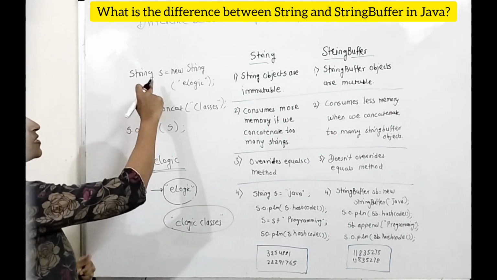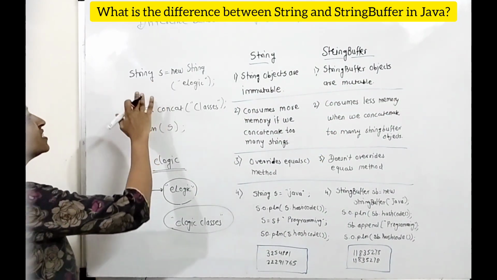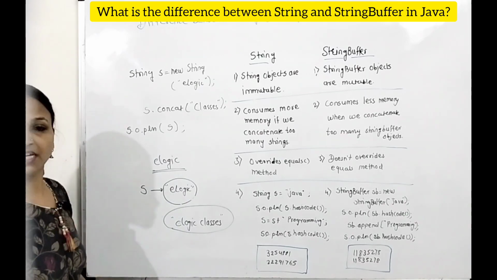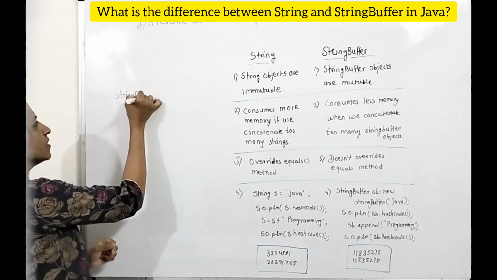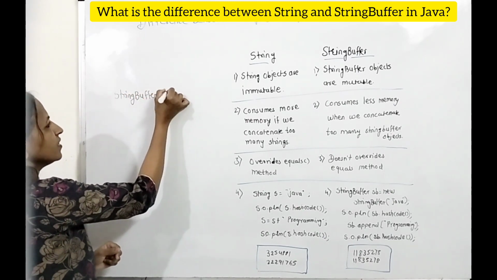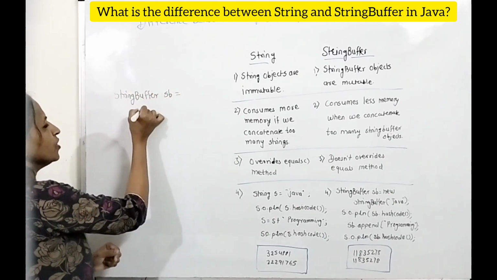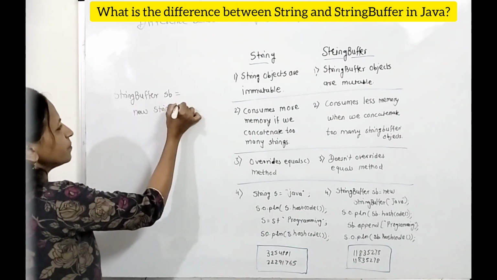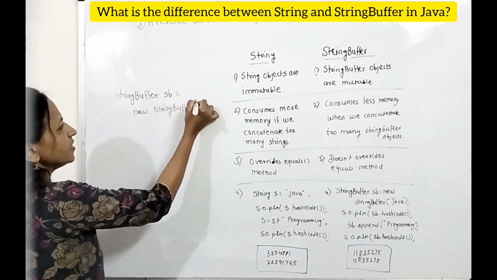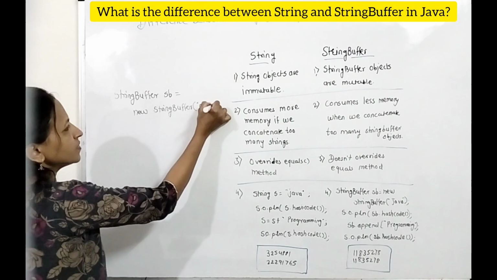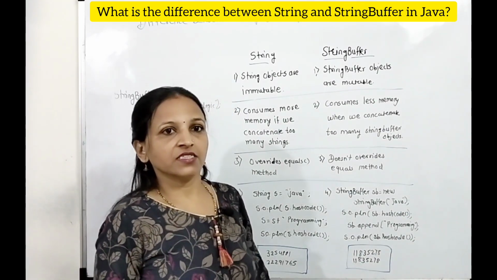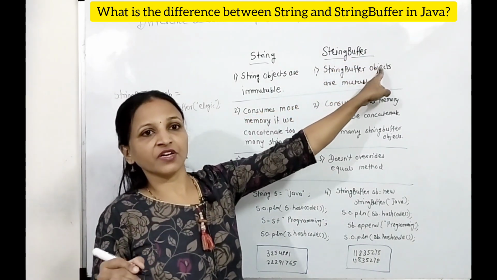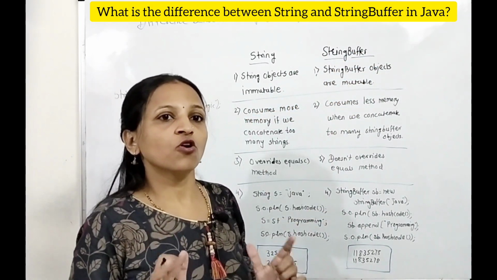Now instead of String, suppose I have used here StringBuffer, then what will be the change? Let us see. Like StringBuffer sb equals new StringBuffer, and here eLogic. Now there is a method append which is present in the StringBuffer class that we can use for concatenation.